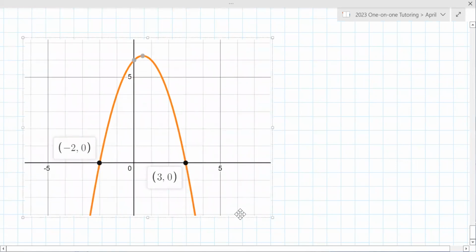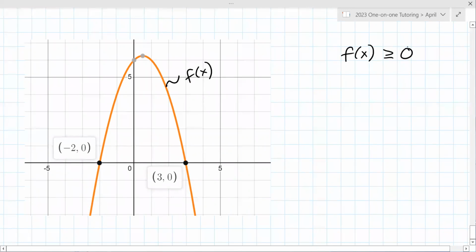Okay, so again, we'll call this f of x. I want to know where f of x is greater than or equal to 0. At -2, 3. So -2 to 3 is the way to say it, because the way you wrote it is almost like a point. You want to say -2 to 3 or between -2 and 3.